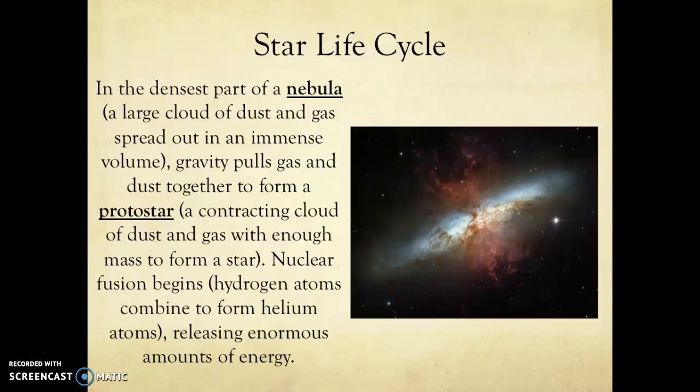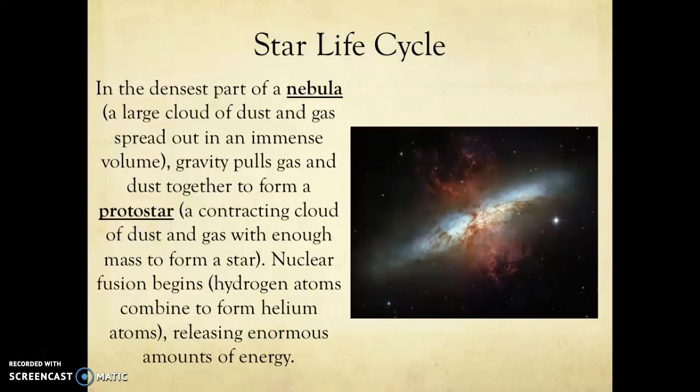Now, the way that works has to do with the number of protons, neutrons, and electrons in the individual atoms. Hydrogen atoms have only one proton, one neutron, one electron. Helium has two of each. So when two hydrogen atoms come together, you now have an atom that has two protons, two neutrons, two electrons.